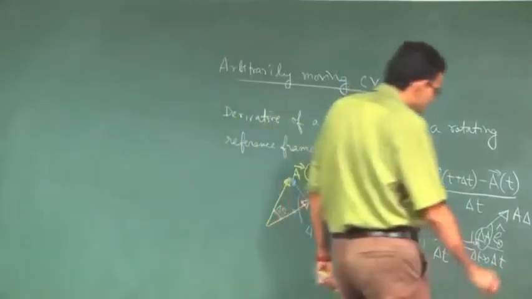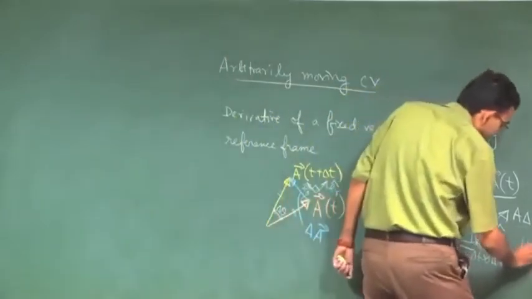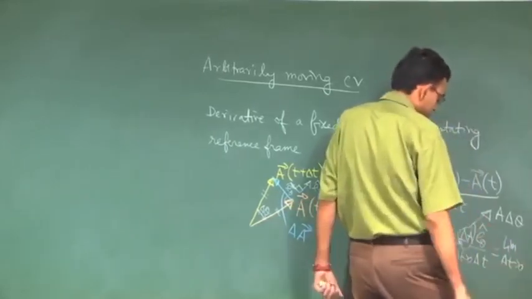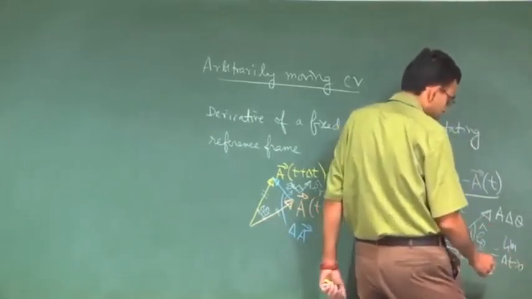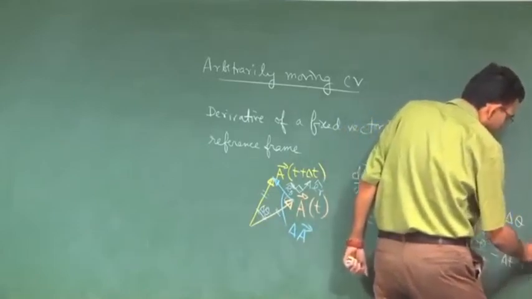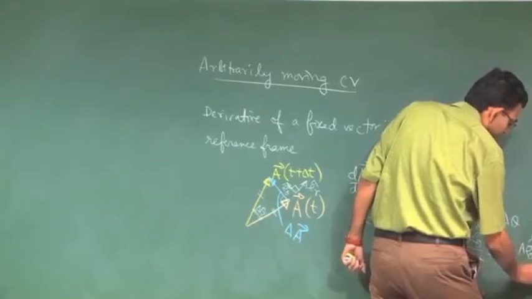So it will be the limit as delta t tends to 0 of A E theta into delta theta by delta t.